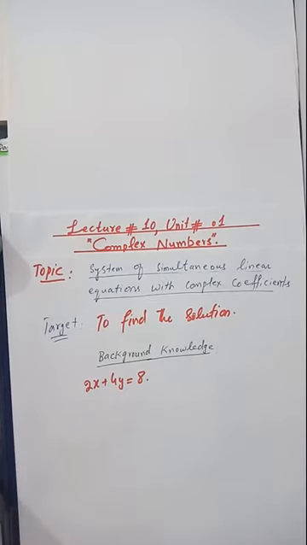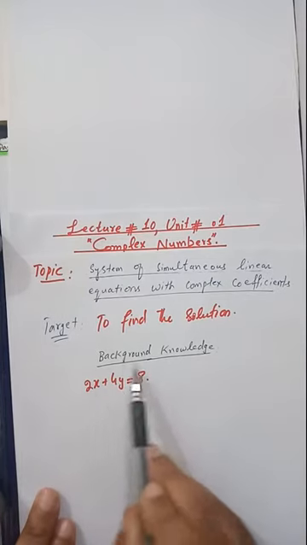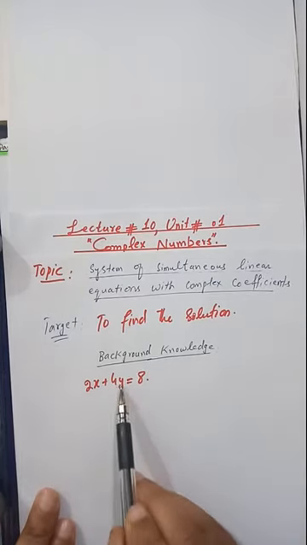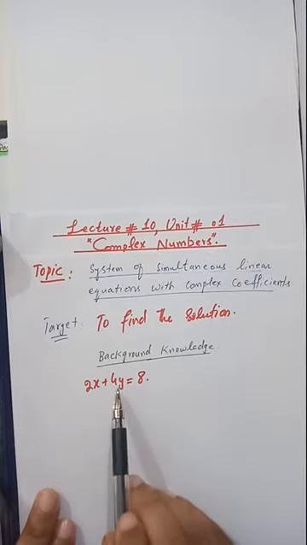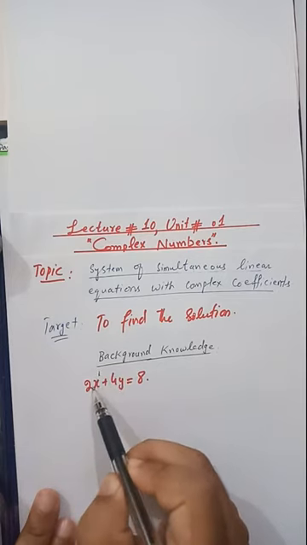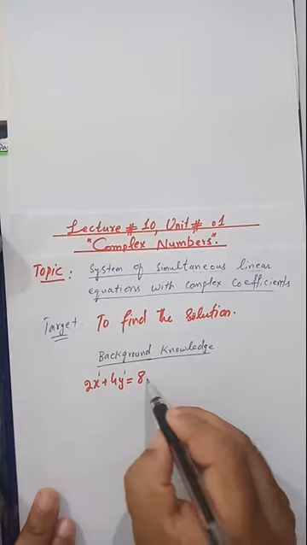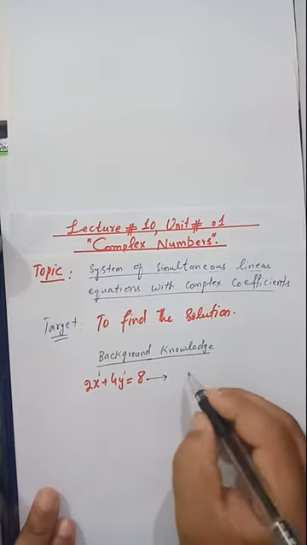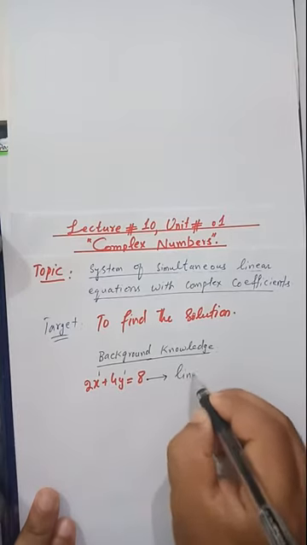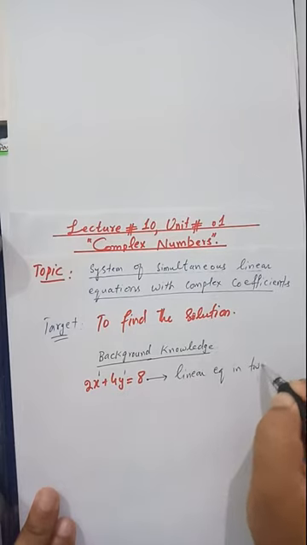In this equation you clearly see that there are two variables and this equation is linear because the highest power of the variable in both terms is 1. Highest power of x is 1, highest power of y is also 1. So this is a linear equation in two variables.